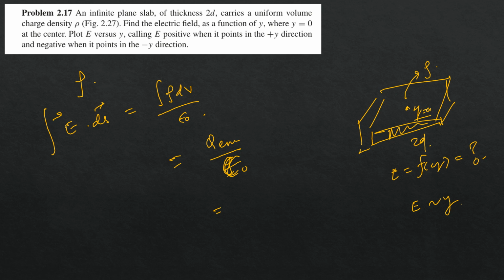Thickness is 2D. It's a volume charge. Okay, charge will be what? Q is rho into volume, right? Volume is area into length. It's a function of y, where y is equal to 0 is at the center.